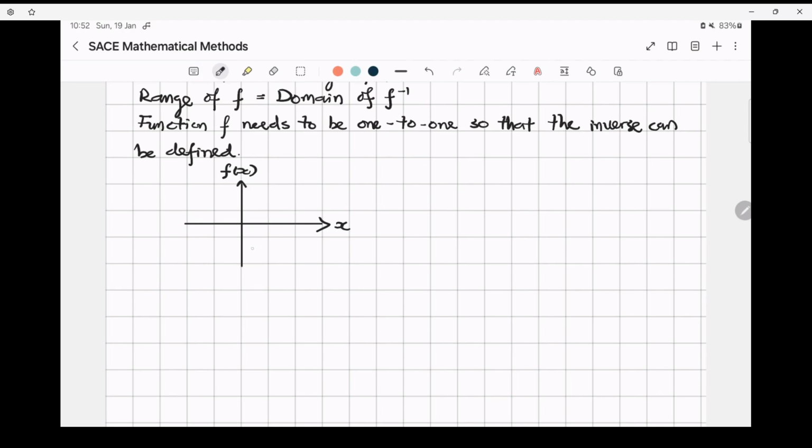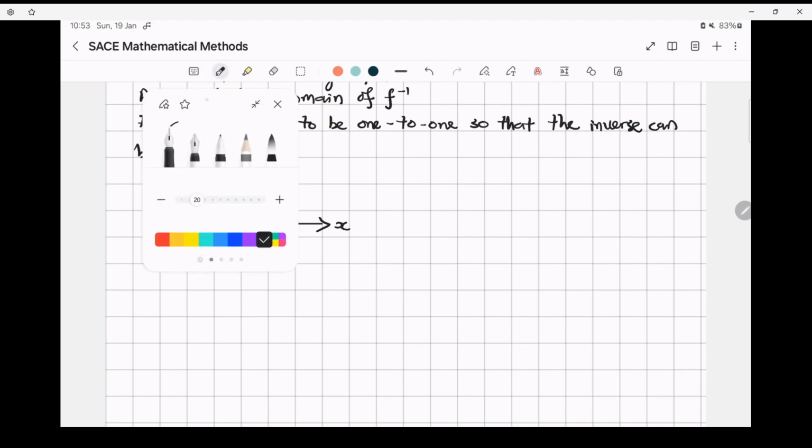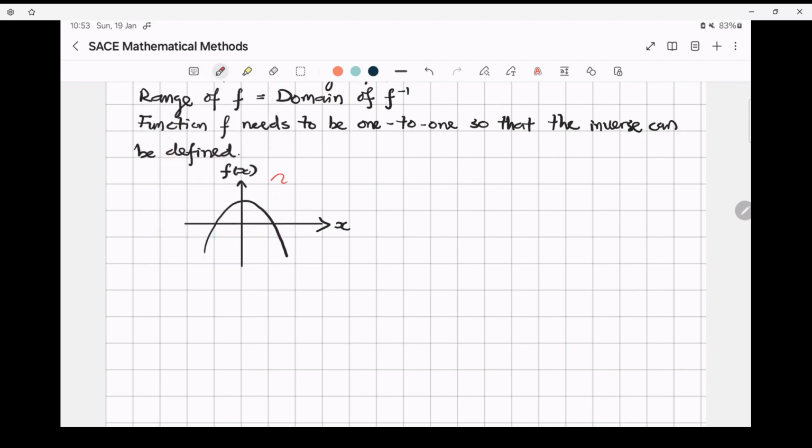So let's look at the simplest one, some quadratic equations. We know that this particular quadratic equation satisfies the vertical line test, because at each instance, your vertical line only intercepts at one point.